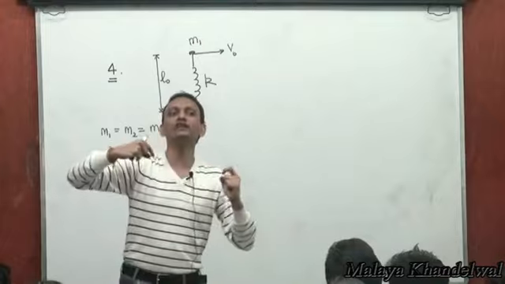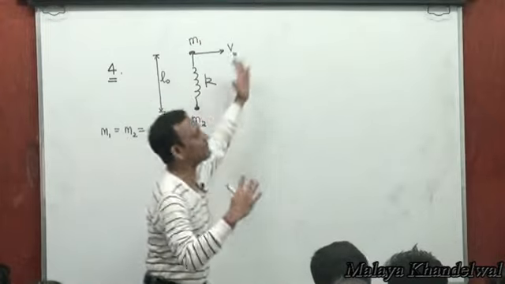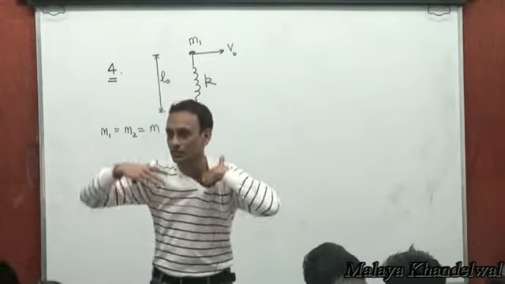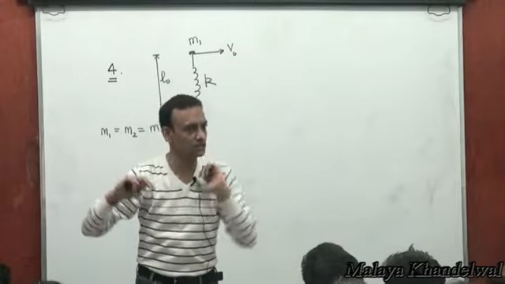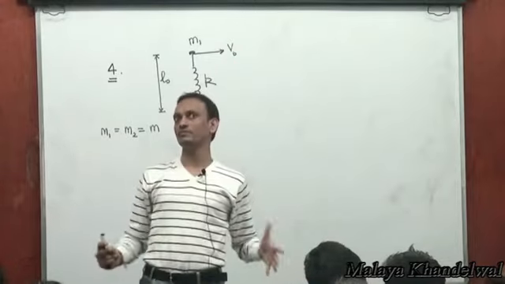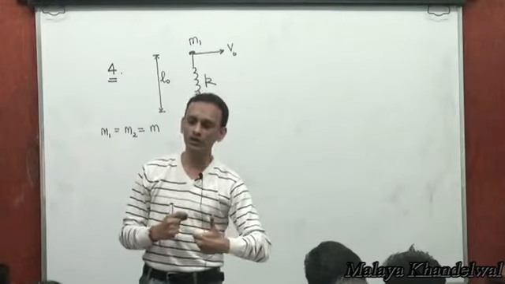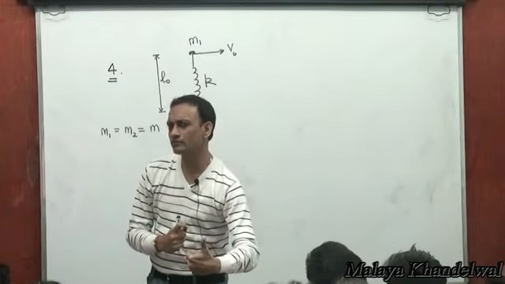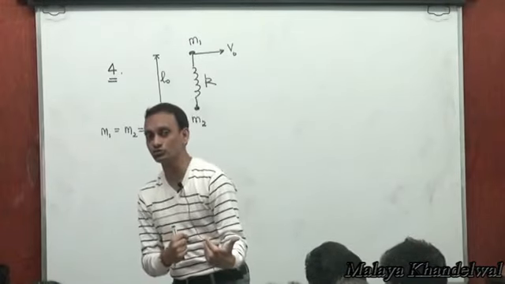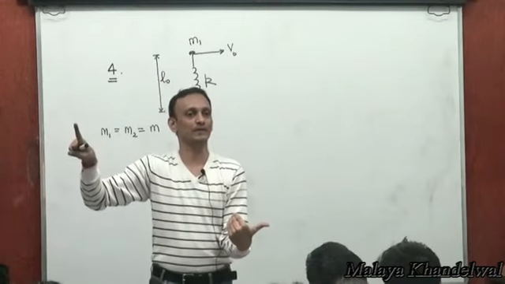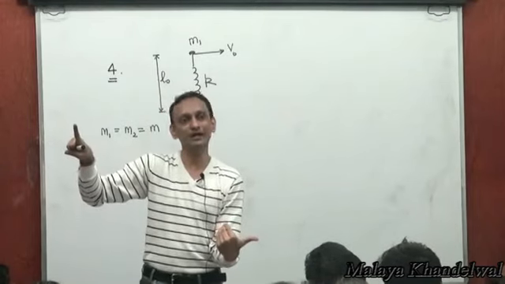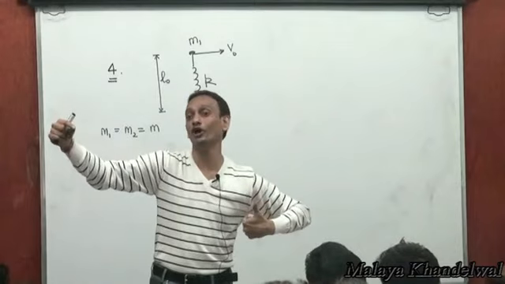So after a while, in a state of maximum deformation, which would happen, let's say, when the spring tilts by a certain amount, the velocity of m1 with respect to m2 would be perpendicular to the spring. The spring will not elongate any further.